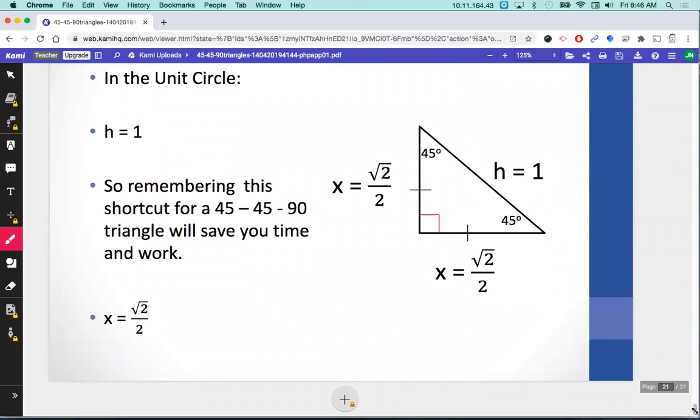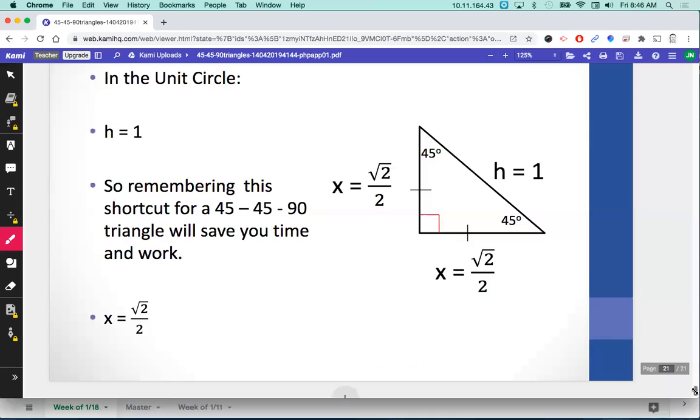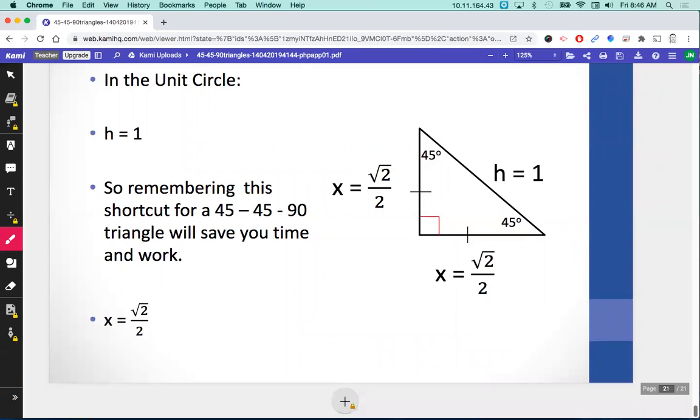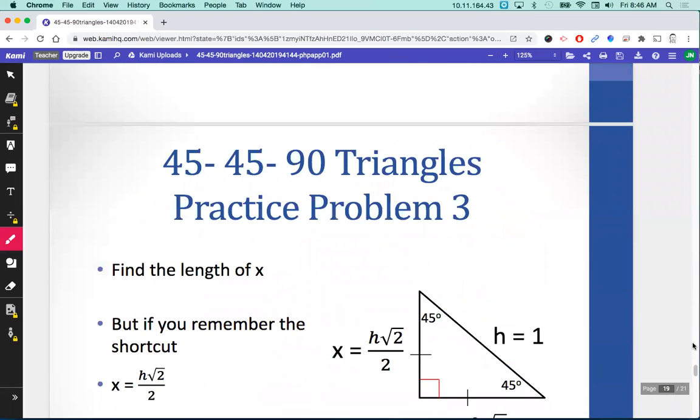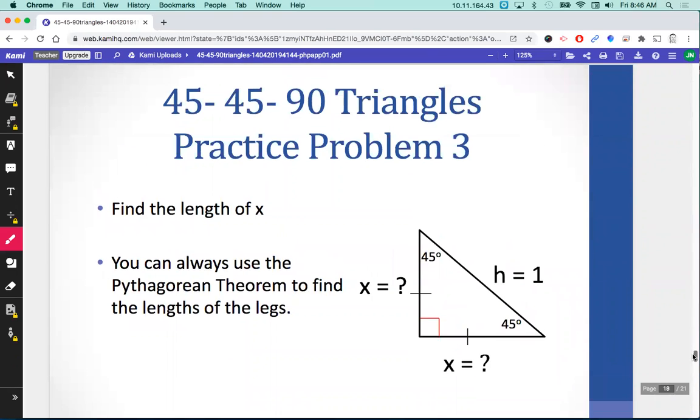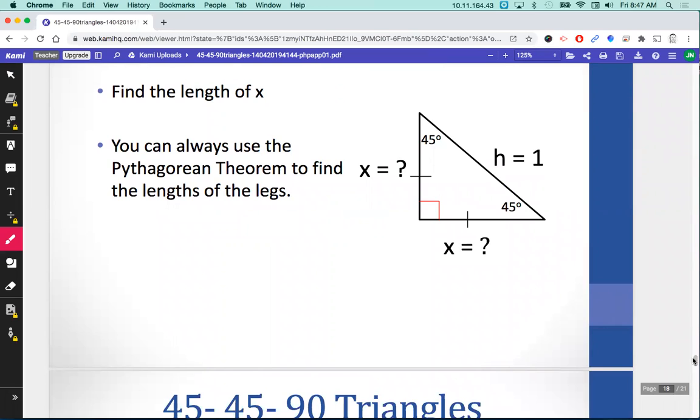The one problem I did want to talk about: if you're doing a problem like this, let's go back up to that previous slide. Yeah, this one. Let's say instead of 1, we were given that this length had a length of 6.